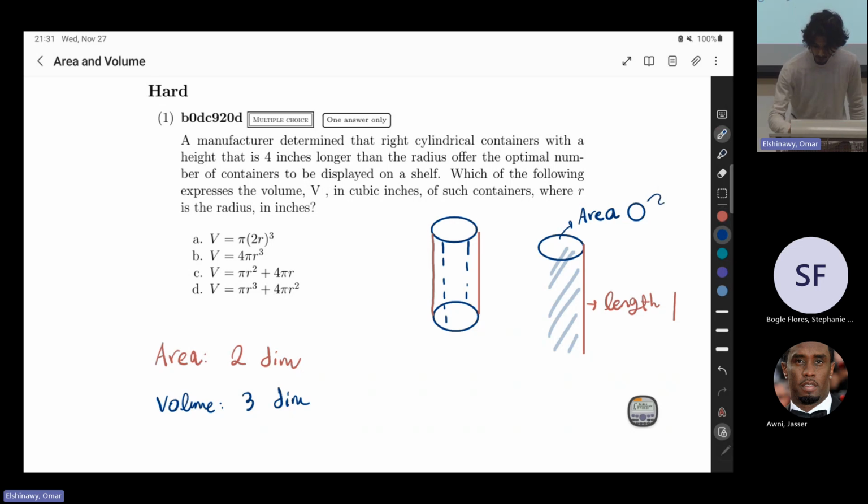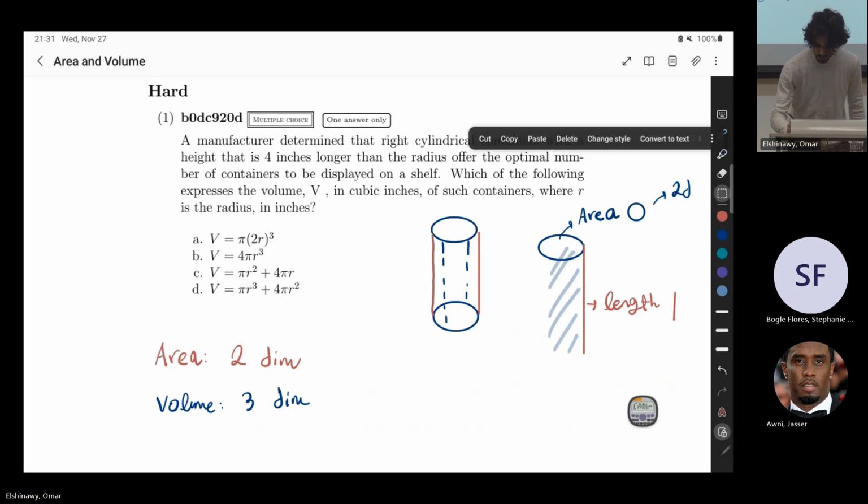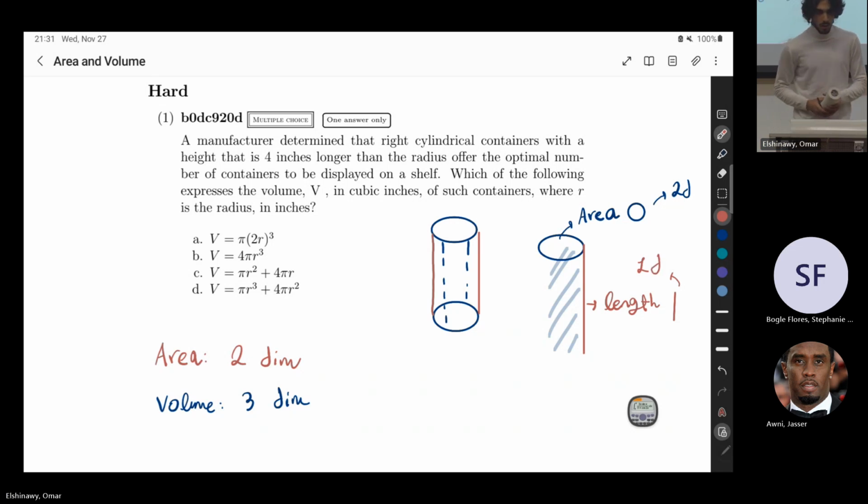I think it is not too difficult to see that the circle is a two-dimensional object, and that length is one-dimensional. I think this is very crazy, but if it's not, you can always talk about it. So it's kind of like, and I use quotations because this is very bad, it's not rigorous.